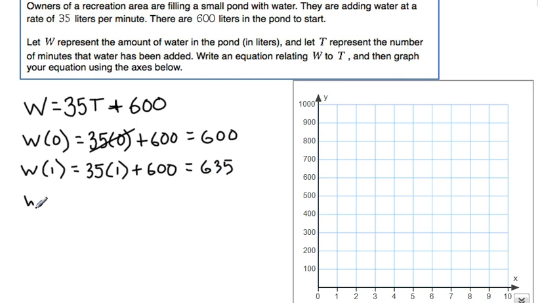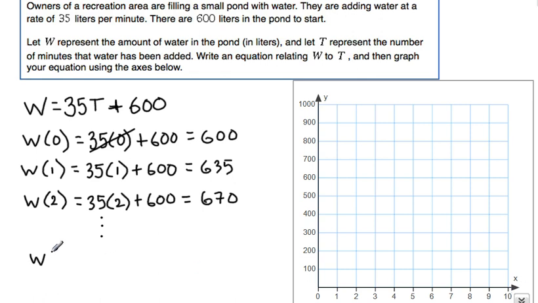All right, let's do the amount after 2 minutes. So that would be 35 times 2 plus 600. And 35 times 2 is 70. 70 plus 600 is 670. All right, and we can keep this up. So we're actually going to jump to the end value of the graph, which is at 10.